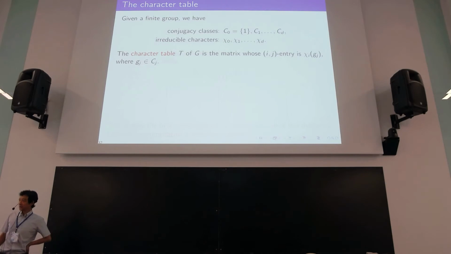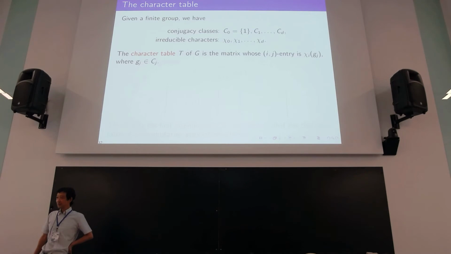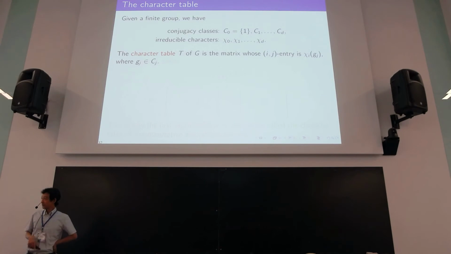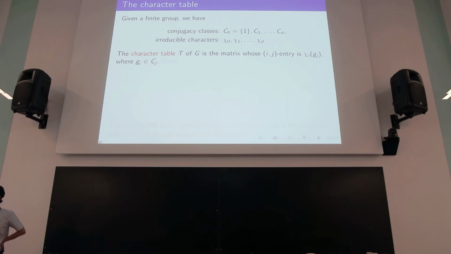So we have the same number of irreducible characters. I didn't prove there are no other irreducible characters in the abstract setting, but it can be proved that G has no other irreducible representation, so there are no other irreducible characters. So the character table is a square matrix which tabulates all values of the irreducible characters in such a way that the ij entry gives the value of the ith character evaluated at the jth conjugacy class. So that's the definition of a character table.